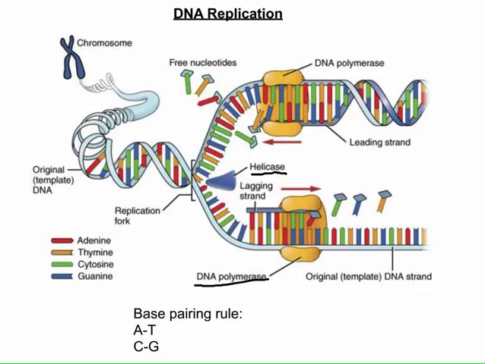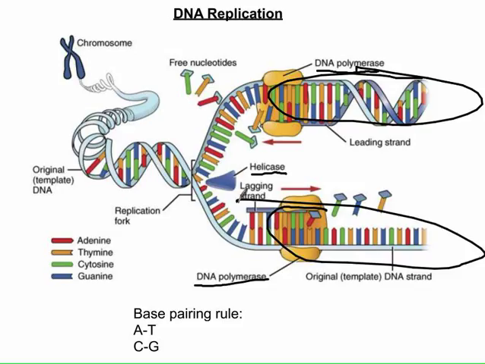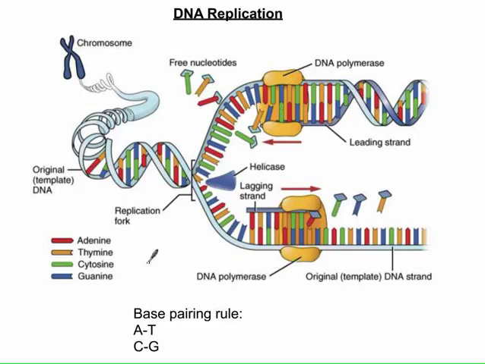So once they're close, DNA polymerase on both sides will bind them together, and you'll end up with two identical copies of DNA, hence DNA replication. But what's really important to remember is adenine always binds to thymine and vice versa, and cytosine always binds to guanine and vice versa.